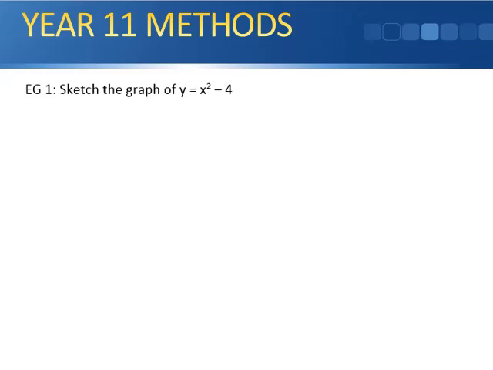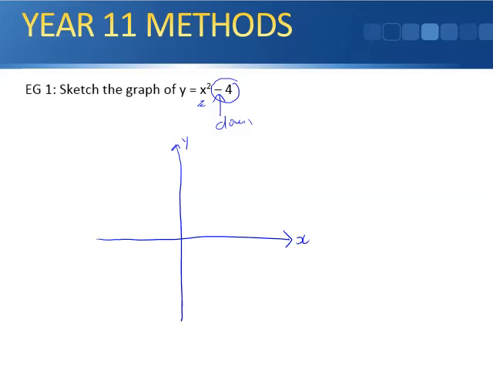Okay, let's sketch this one here. Y equals x squared minus 4. So this is the normal parabola, but this part here, because it's a negative, it shifts it down by 4 units. So we, again, excuse my drawings. I'm doing this freehand here. There's my y, there's my x.